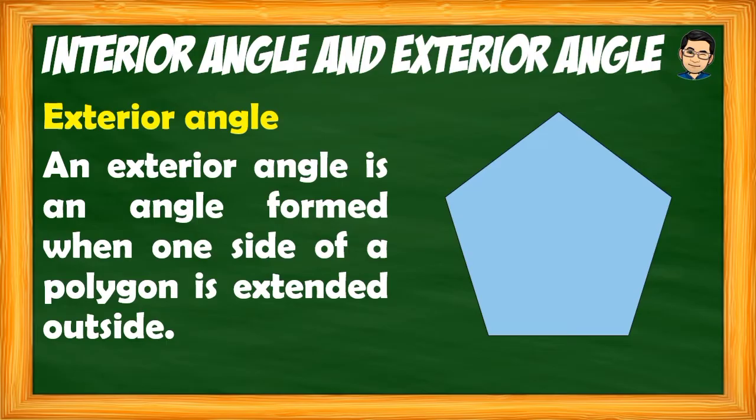For example, itong side na to nasa ibaba, in-extend natin dito papuntang left. So, mapo-form po yung tinatawag na exterior angle. Ito po, yung tinuro ko sa arrow, yan po yung ating exterior angle. Nasa labas po siya ng polygon.